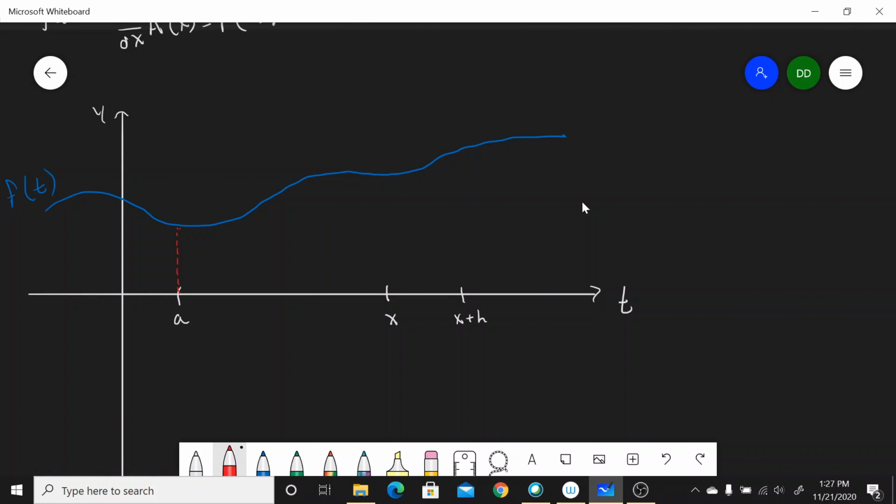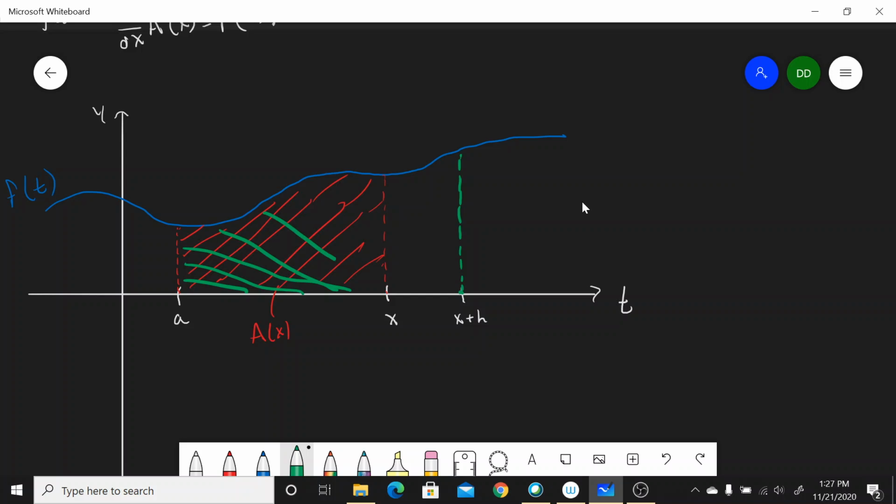Big A of x would be this area here. So this is my A of x. And then A of x plus h, maybe I'll sketch this in green, would be all of this area here.